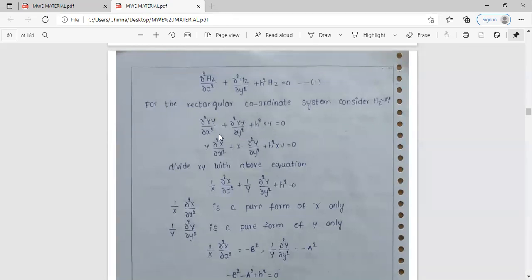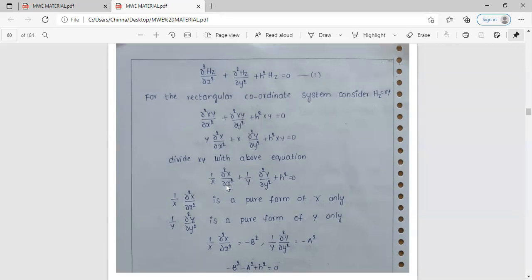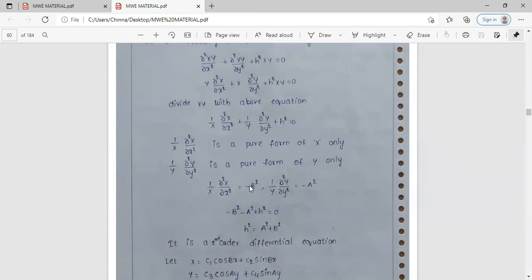So here we can consider single terms. The first term will be purely in terms of x and the second term will be purely in terms of y. So the first term will be minus b square and the second term will be minus a square. So here we can obtain h square is equal to a square plus b square.